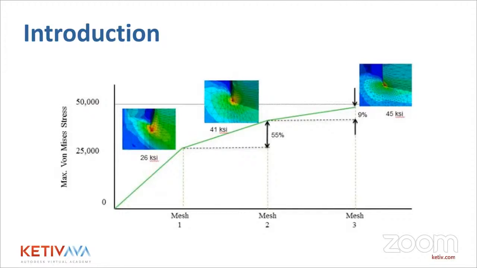And this is because the number of points that are present to, one, represent the geometry, and two, to calculate these results at these areas of stress concentration, has greatly increased from mesh 1 to mesh 3.